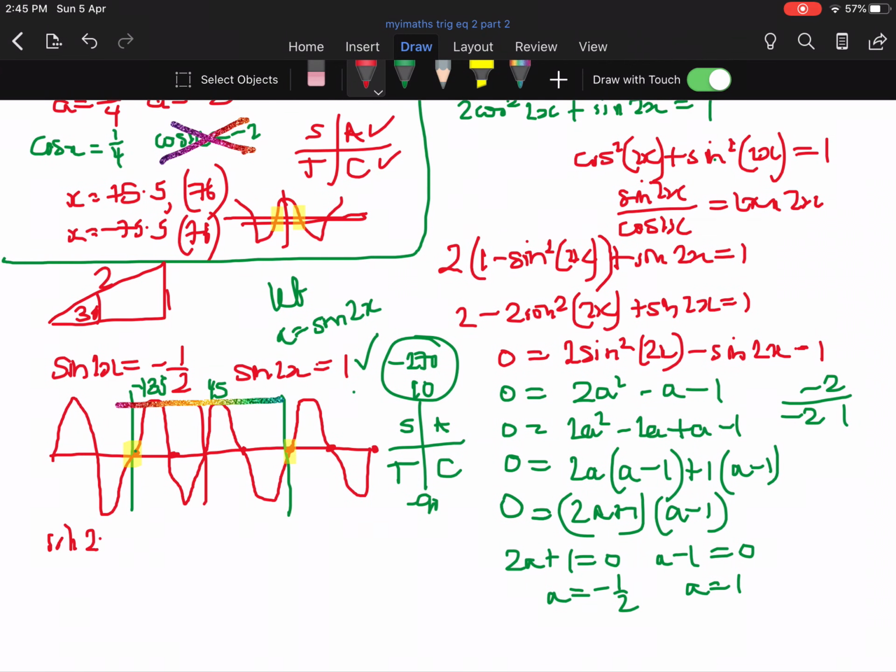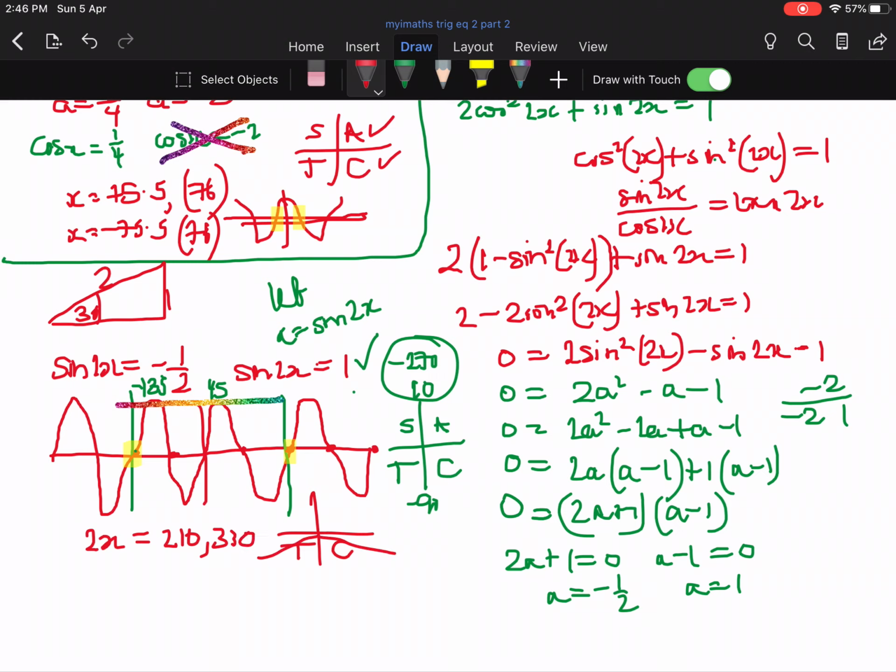So sine 2x, I'll just remove the sine of that because we want just 2x. We already know that it's going to be 30 in the positive quadrant. So what is it when it's negative? Tan and cos tell me that it's 180 plus 30, which is 210. And 360 minus 30 is 330.